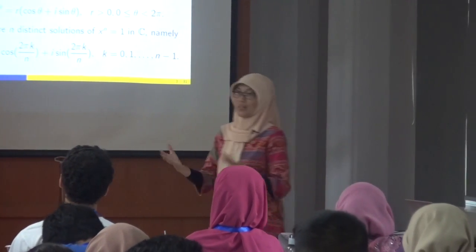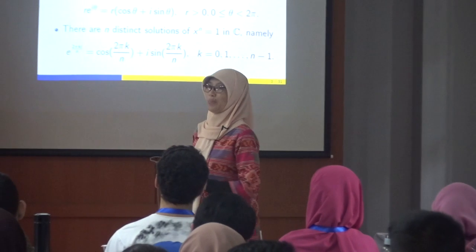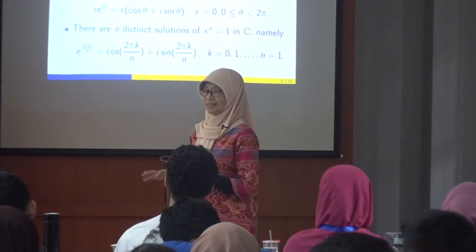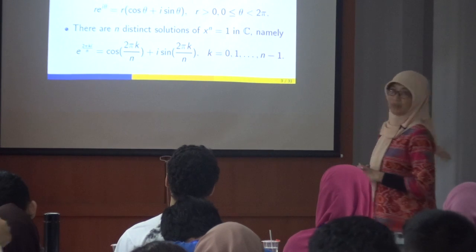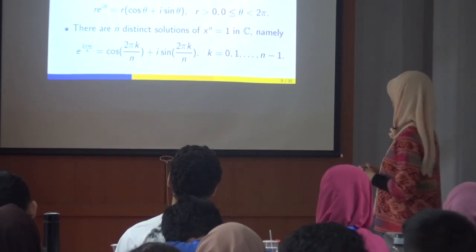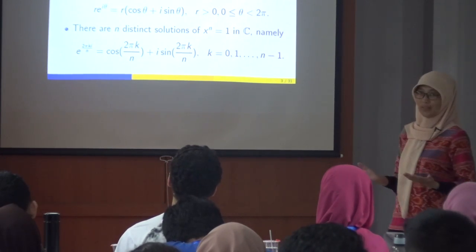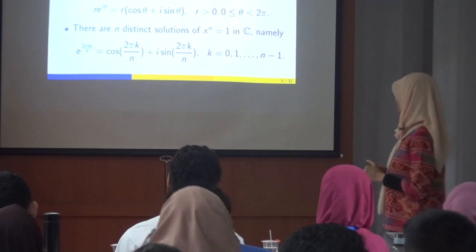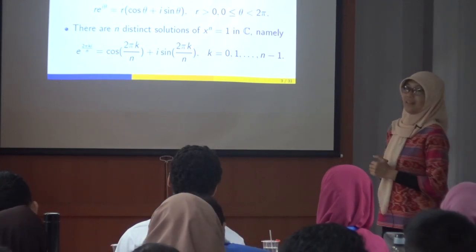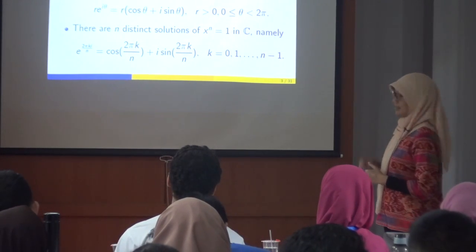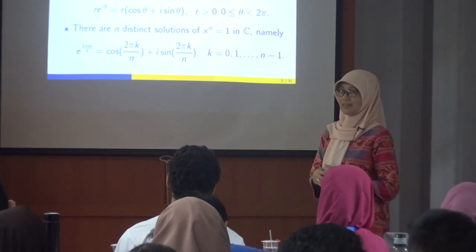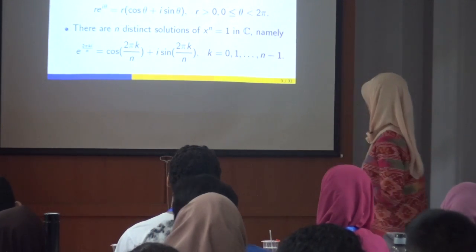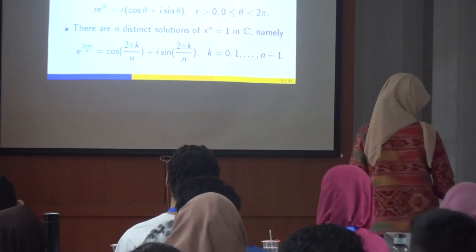Recall, maybe you already know, but briefly: every non-zero complex number a plus bi in C can be uniquely written in polar coordinates, and if the radius is 1, so r is equal to 1, we have the special case.